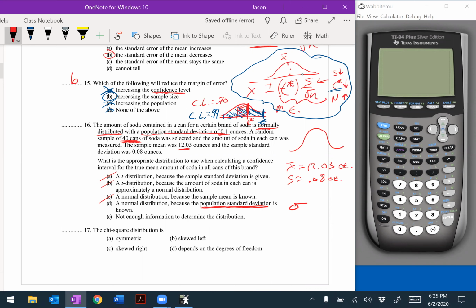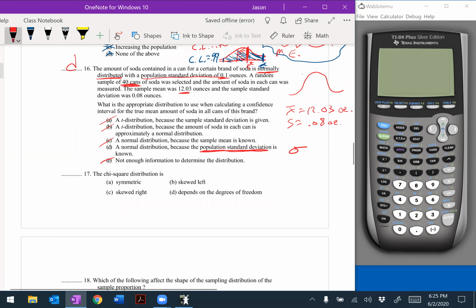And here they're telling us it's normally distributed with a population standard deviation. So since those two correlate, we're going to go with D on that one. Oops, not B, dyslexic. Okay, D.